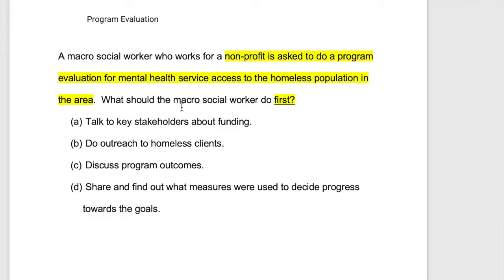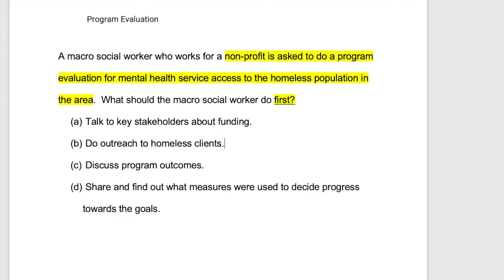Okay, option A, talk to key stakeholders about funding. While this is a really important step, it's not going to be the first thing that you do, because this is a program evaluation. And as I read in the program evaluation description, the social worker here is being asked to really make a judgment and give effective feedback about how a program is doing.